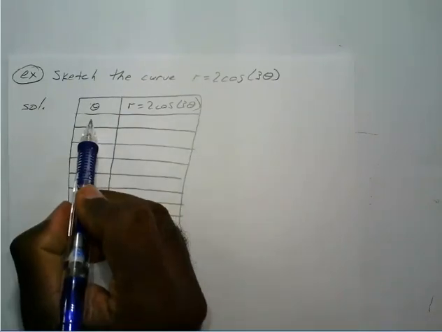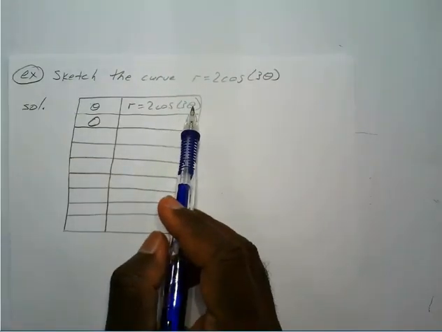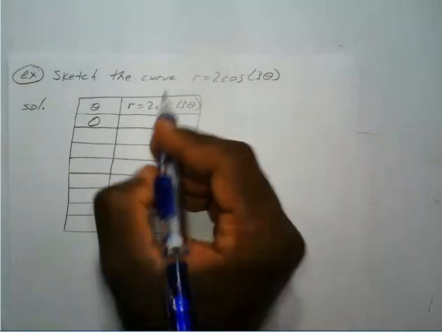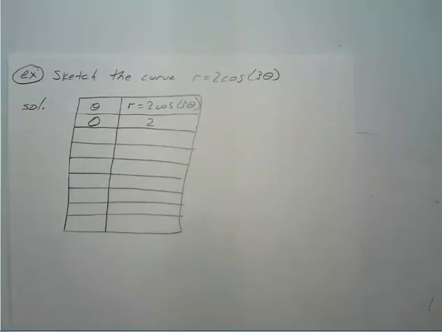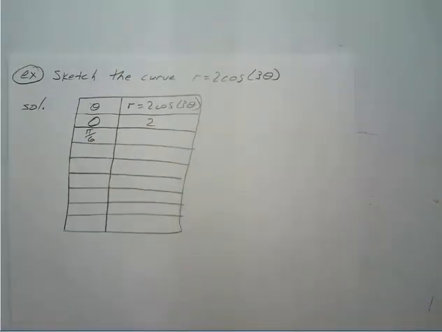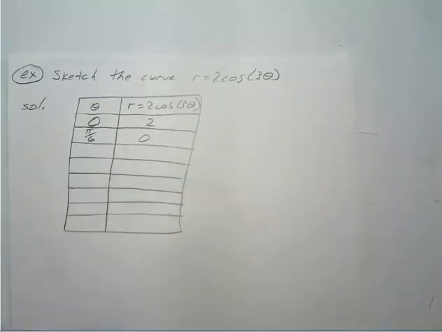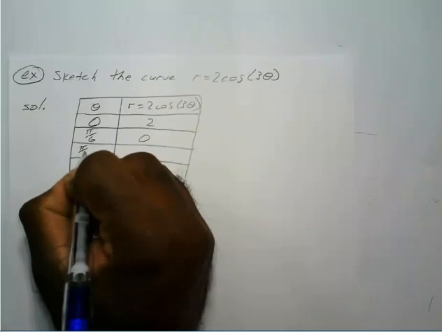Okay, so if we plug in theta equals 0, 2 times cosine of 3 times 0, or 3 times 0 is 0. Cosine of 0 is 1, so that gives us 2. What if we plug in theta equals pi over 6? Okay, so 3 times pi over 6 is pi over 2, and I chose that because that would give us 0. Okay, so what if we replace theta with pi over 3?